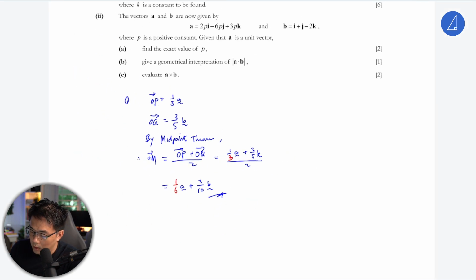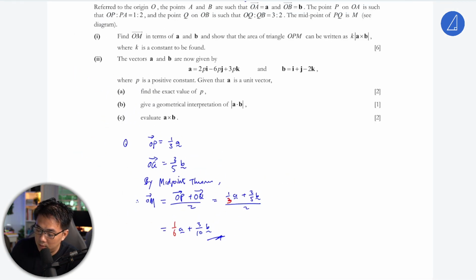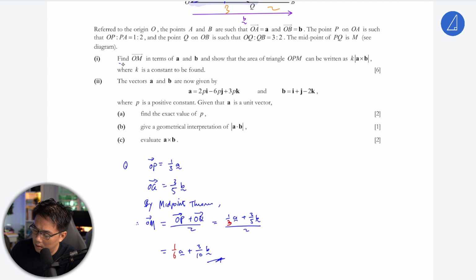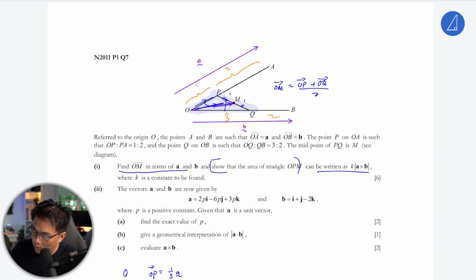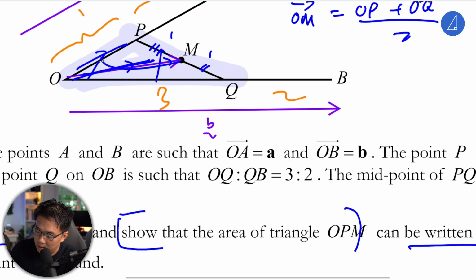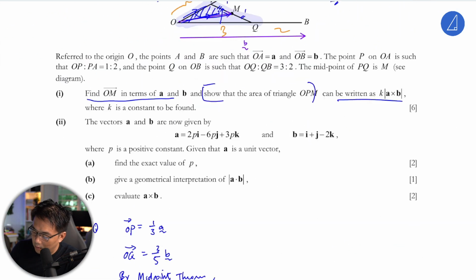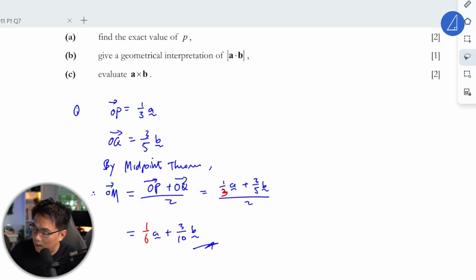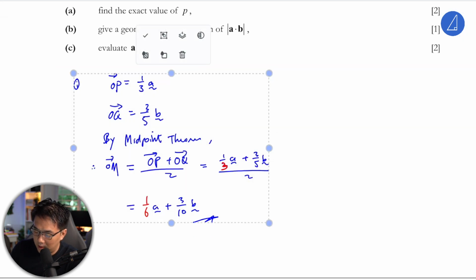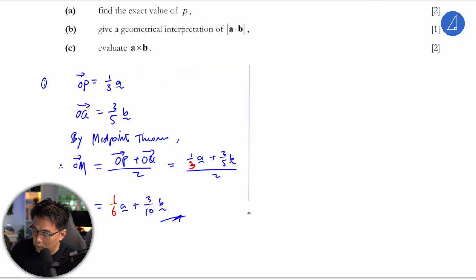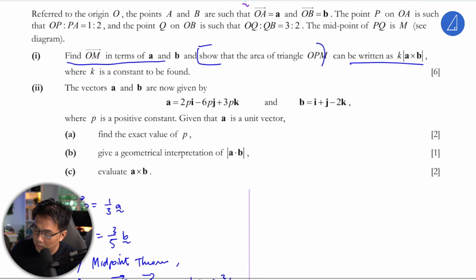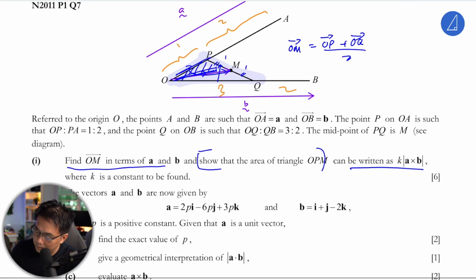I copied wrongly. So let's look at the next one, which is to show that the area of triangle OPM can be written as this. The area of OPM is this guy here. Using the cross product, we can take any two adjacent sides and cross them. So in triangle OPM we have OP and OM.